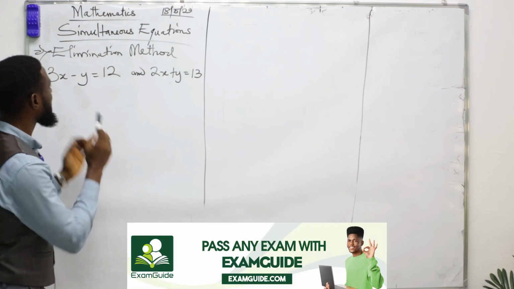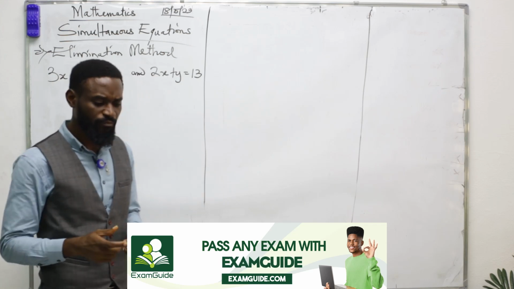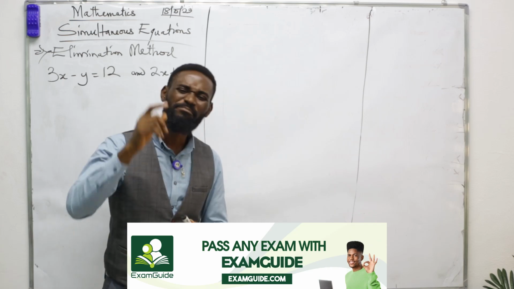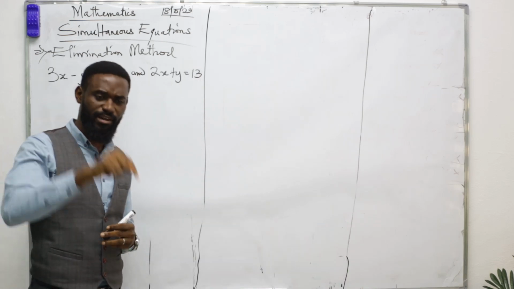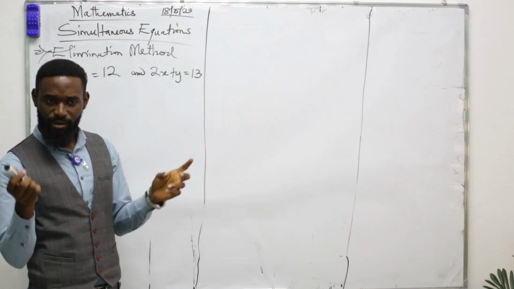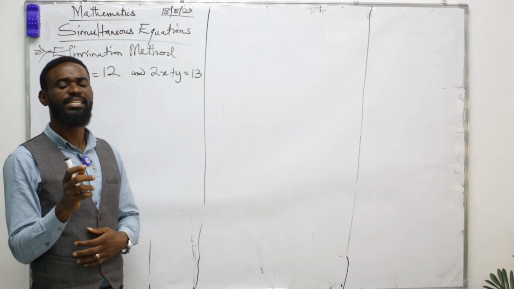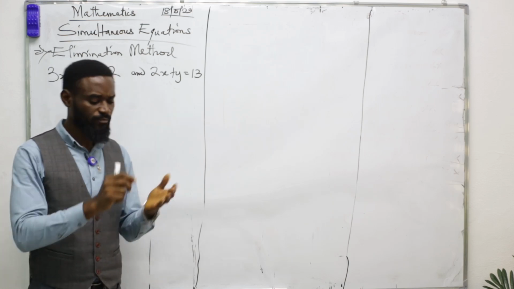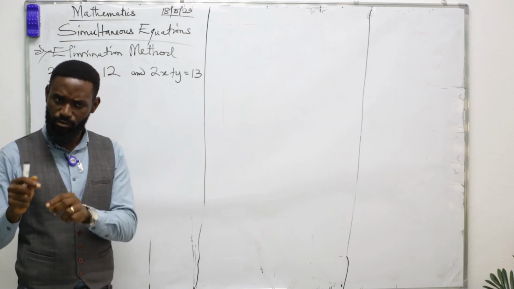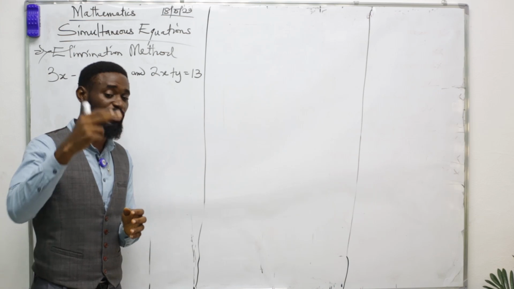By the elimination method, your business here is to look for a means of eliminating one of the variables, because it will be so difficult for you to solve two variables at the same time. So the simple logic is: find the means to remove or eliminate one of the variables in the two equations.